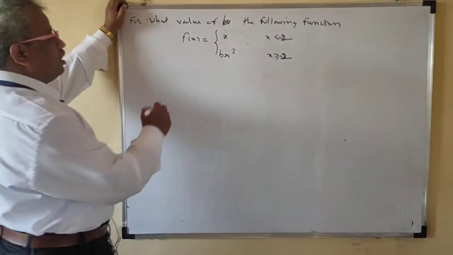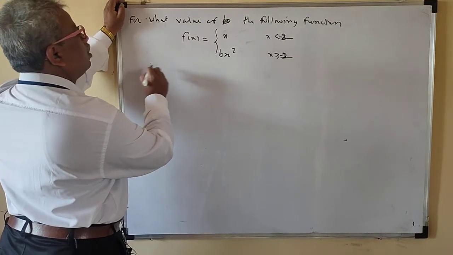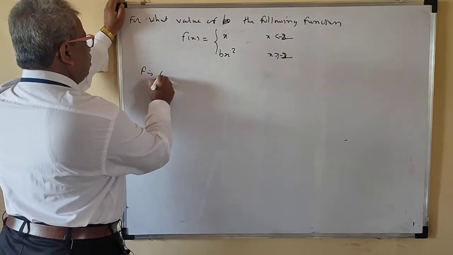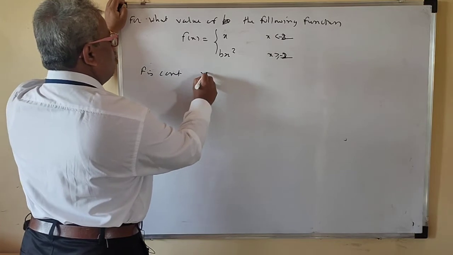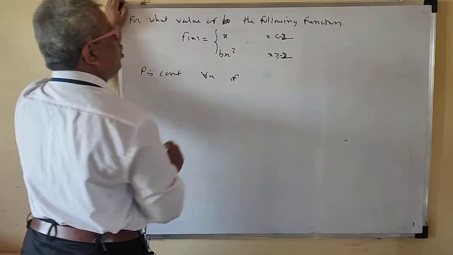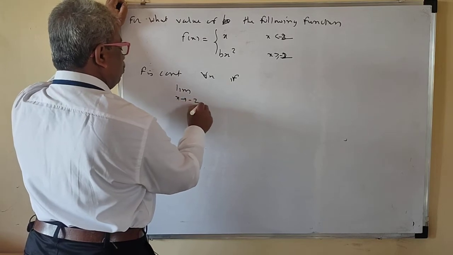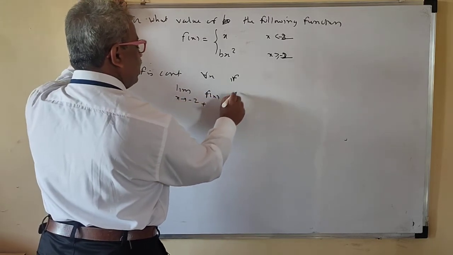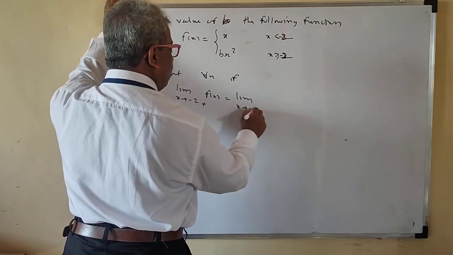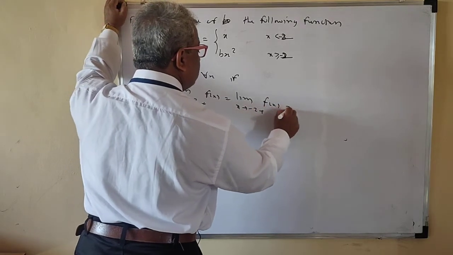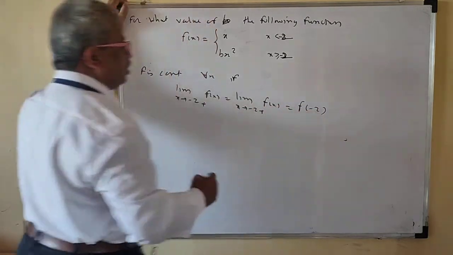Okay. So now the function is continuous if what? F is continuous for all x if limit x tends to minus 2 plus f of x is equal to limit x tends to minus 2 minus f of x is equal to f of minus 2.